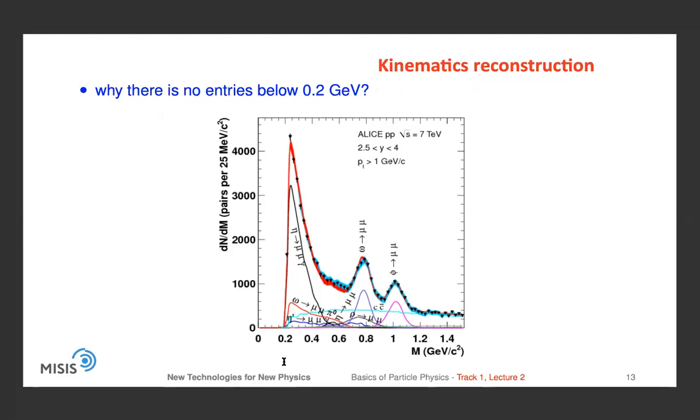Now, another question is, why in this spectrum are there no entries below about 200 MeV? So you see, it goes down to 0. There are no data entries. So this data point is the last one which is present.